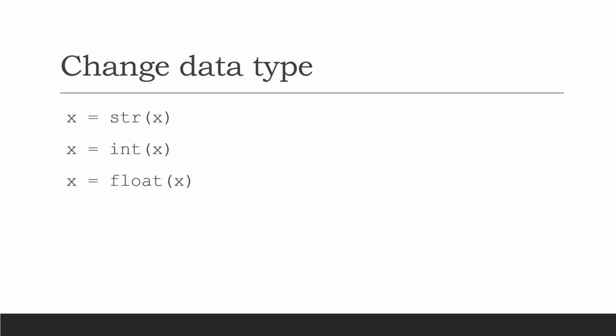We don't have to store it as the same variable name. We could create a new variable. But can you see that these 3 commands here all take that same form? Variable equals value. So x equals int(x) means that the variable x should store the value of x converted into an integer.